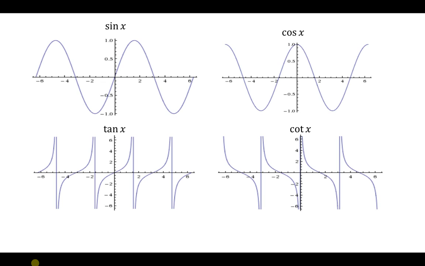Here you see a graph of sine of x, cosine of x, tangent of x, and cotangent of x. And on the next sheet we'll show one of secant and cosecant. But taking a look at these 4 functions, if a function is to have an inverse function, it must pass the horizontal line test.